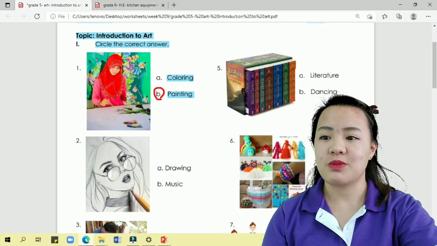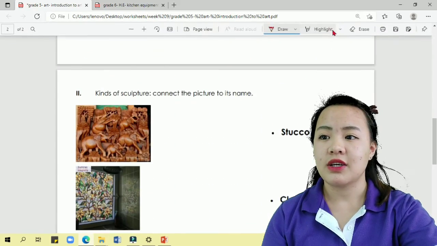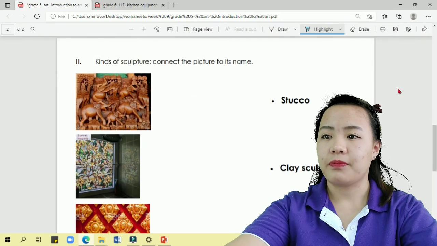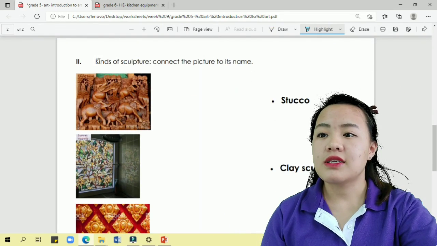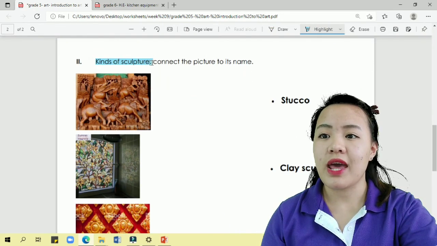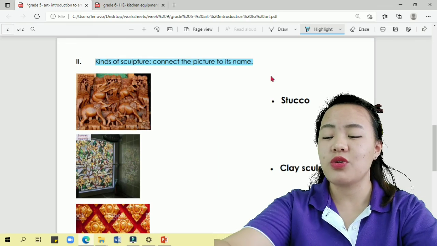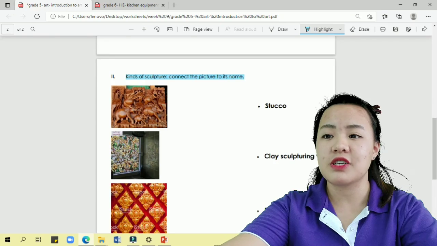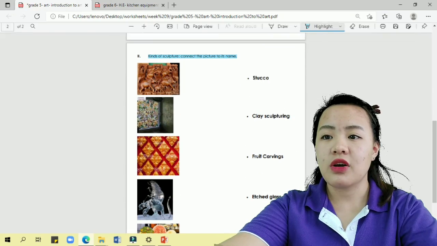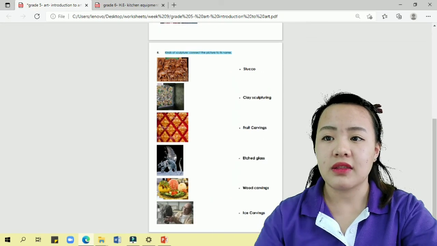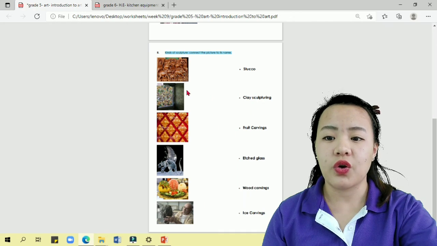Let's move on to test 2. Kinds of sculpture. Connect the picture to its name. I want you to identify first what kind of sculpture that is, and then you're going to connect your answer.